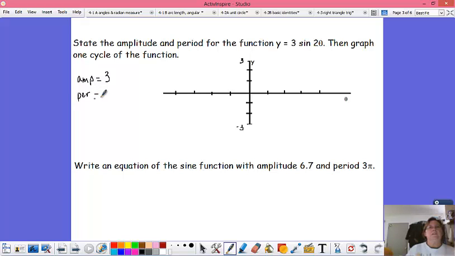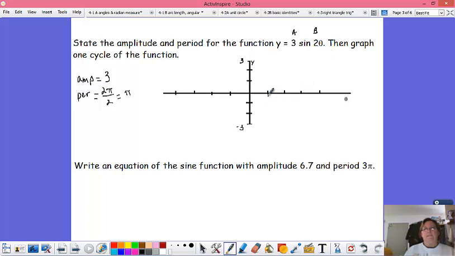we know that the period is 2 pi over b, and in this case, b is 2. So that means our period is pi. This is going to get done with one full cycle in pi radians. And now I'll show you the trick that I do. There's no vertical shift and there's no phase shift.